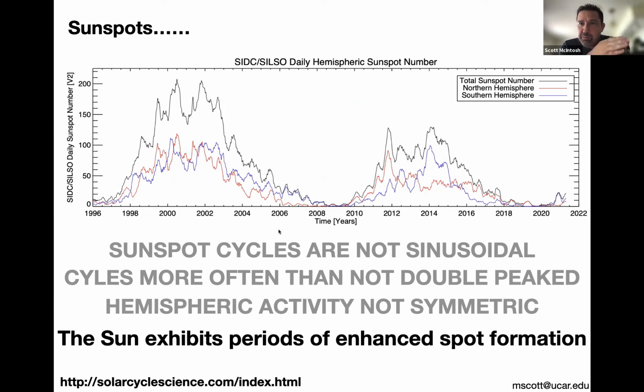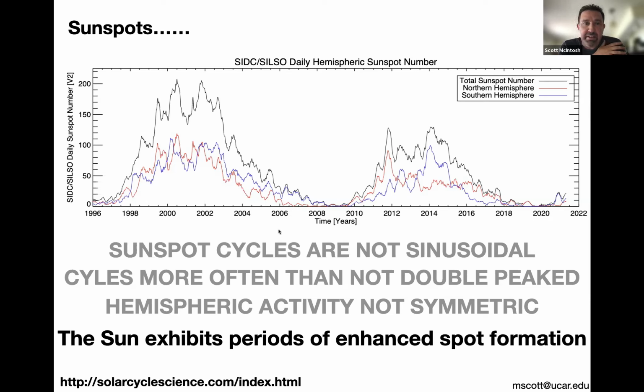Now we're creeping up through the 50s and into more recent times, where we've started to realize that the sun also exhibits periods of enhanced spot formation. So on top of the decadal scale sunspot cycle, there are large variations in the amount of spots that are formed.